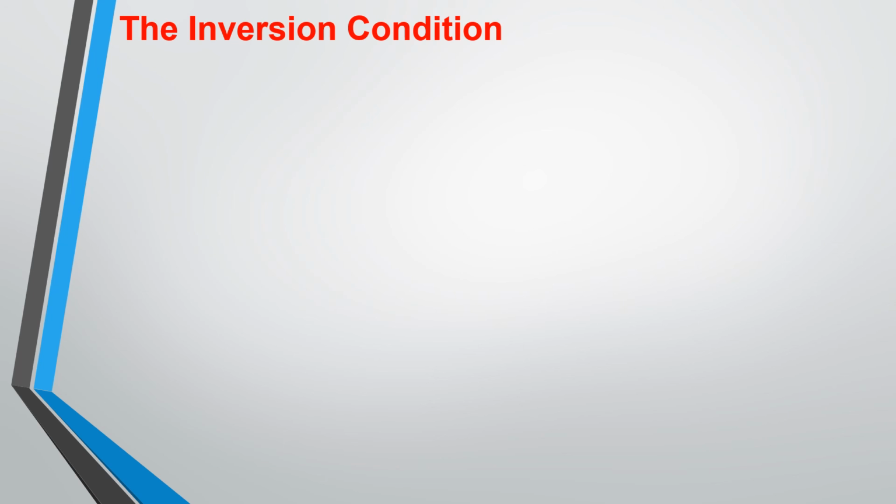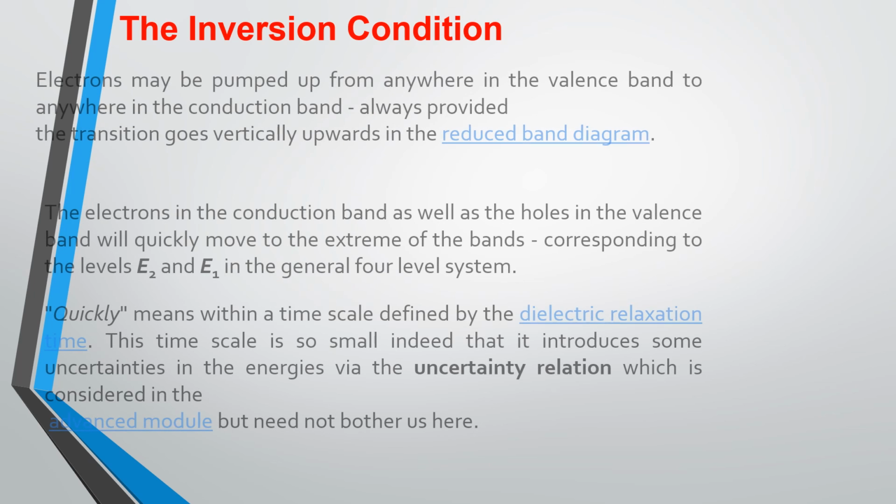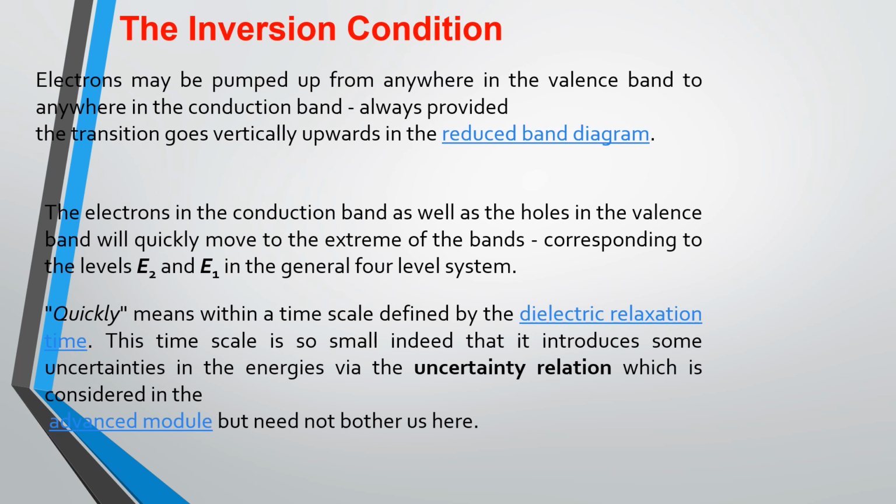The inversion condition in semiconductor lasers can be achieved by obtaining the reduced band diagram. As we have seen in the previous slide, this reduced band diagram enhances the stimulated emission. The electrons in the conduction band as well as the holes in the valence band will quickly move to the extremes of the bands corresponding to the levels E1 and E2 in the general four-level system.